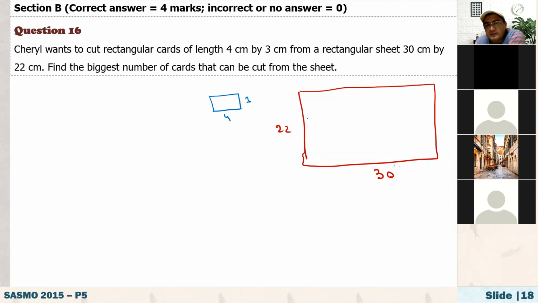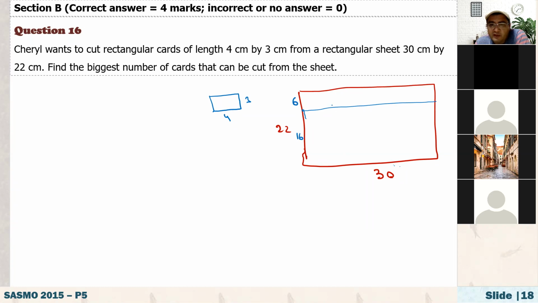Because 13, 18. Let's say this one is, okay. If this one is 4, this one is 18. How about if it is 6? If this one is 6, at the time this will be 16.